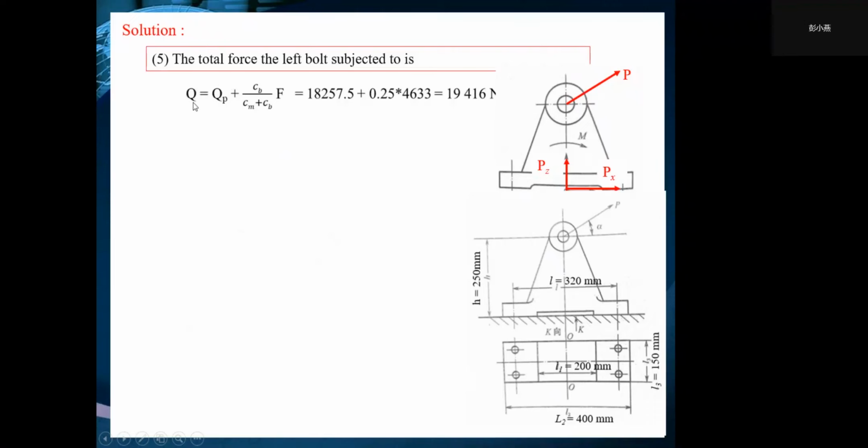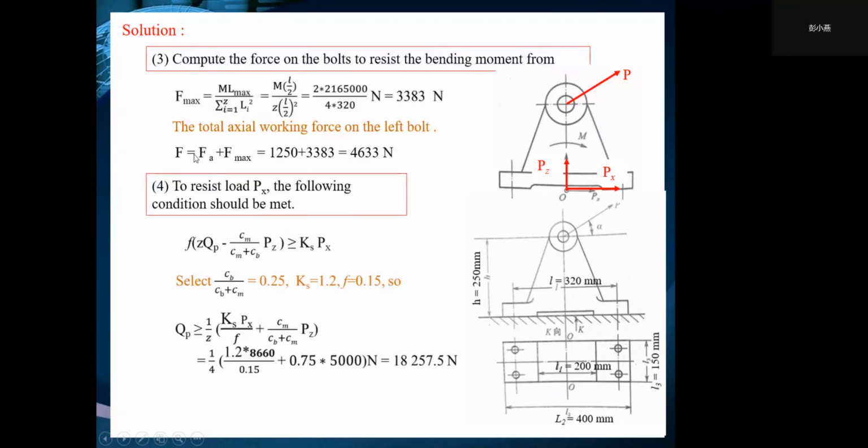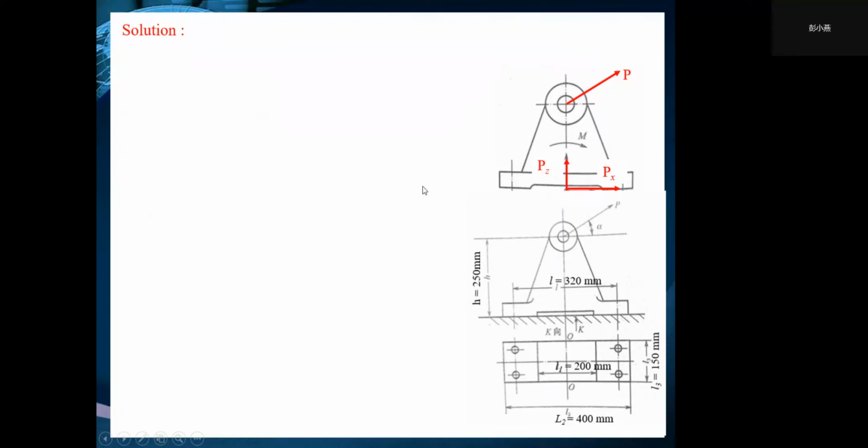The actual force on the left bolt. We use strength analysis to calculate. This is the preload, and this is the F, the maximum actual force distribution on the left bolt.